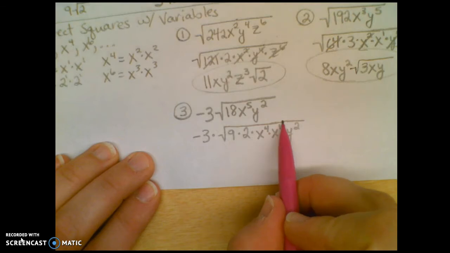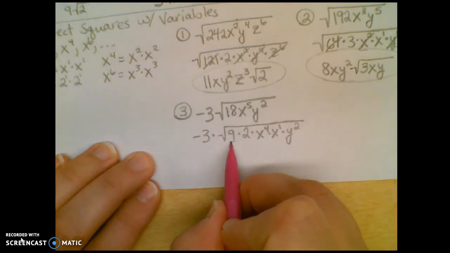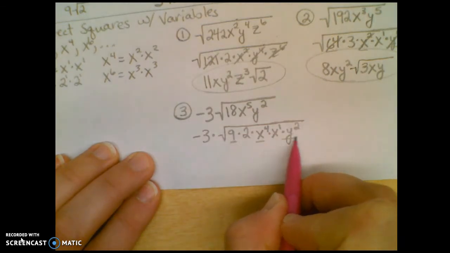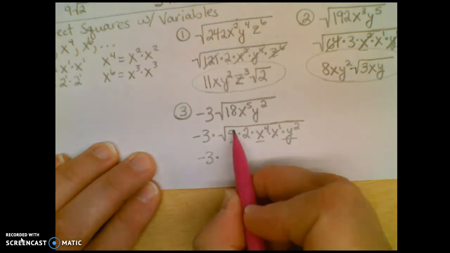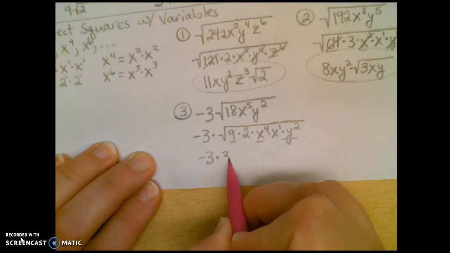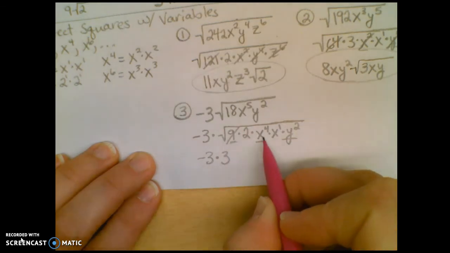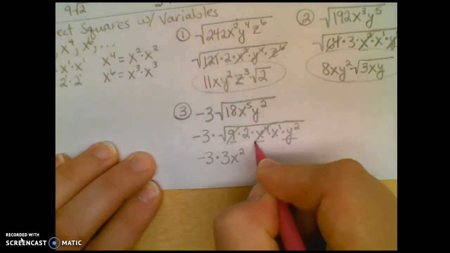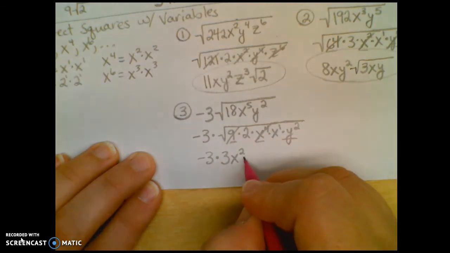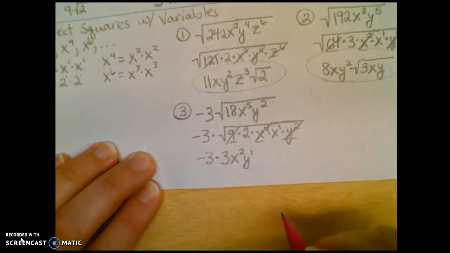And then we're going to take the square root of all the perfect ones, and let me underline the perfect ones. So we still have -3 times the square root of 9 is 3. The square root of x to the fourth is x squared. The square root of y squared is y to the first.